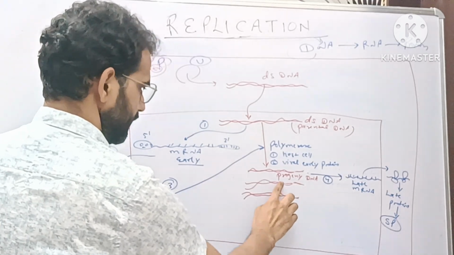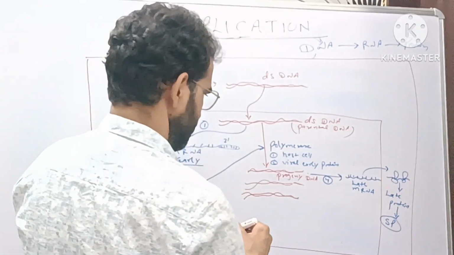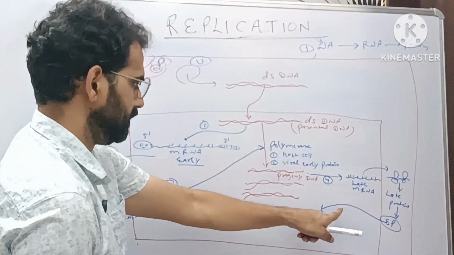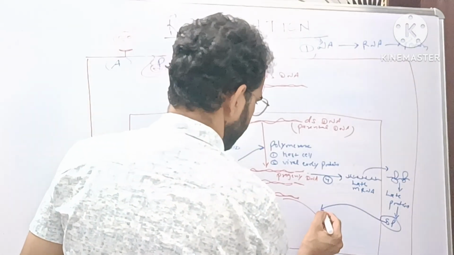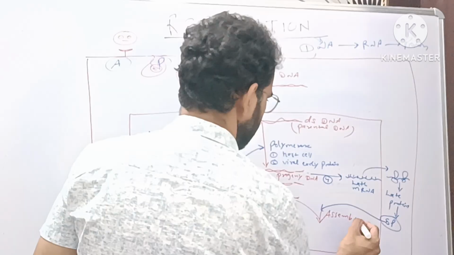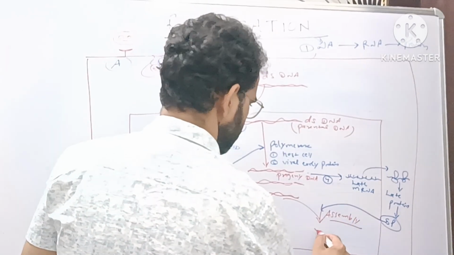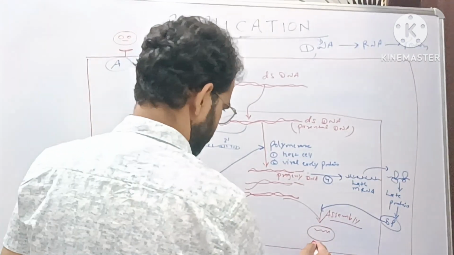Now the remaining progeny DNA and these structural proteins again come inside the nucleus, and both combined is known as assembly, assembly of the DNA and the structural protein.